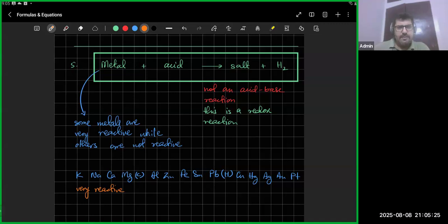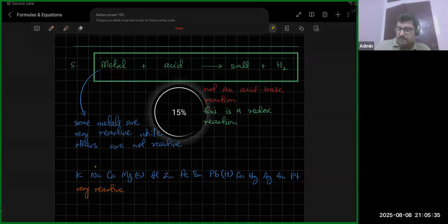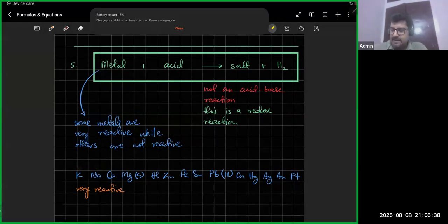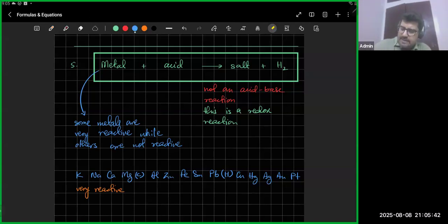The only thing you have to remember now is that the metals on the left side are very reactive. Potassium reacts explosively, sodium reacts explosively, calcium too. As you go towards the right, the reactivity decreases. So the ones on the extreme right are not very reactive.